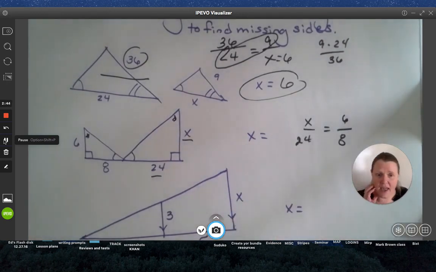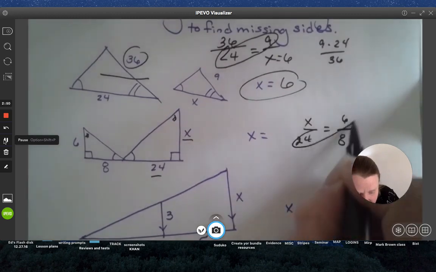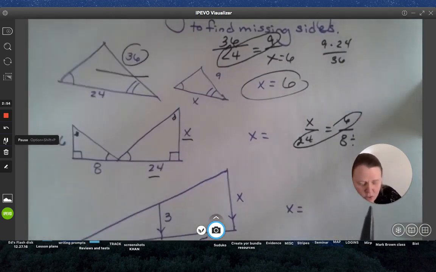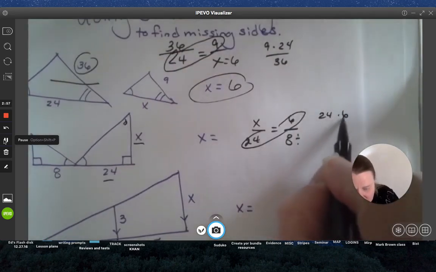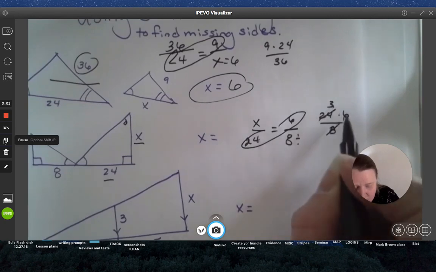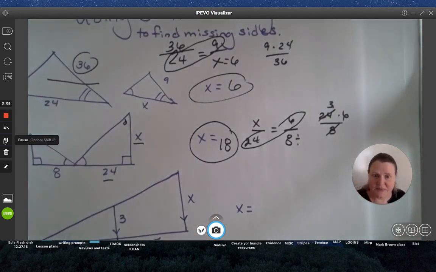Again, I can use what I know about fractions, or I can do the cross products. Either way, you multiply here and divide by 8. So 24 times 6 divided by 8: 8 goes into 24 exactly 3 times, and 3 times 6 is 18. So we get an answer of 18.